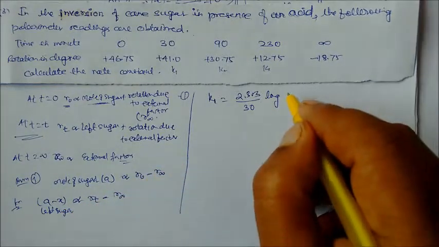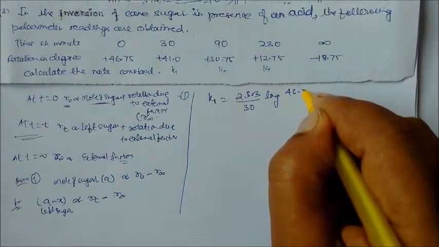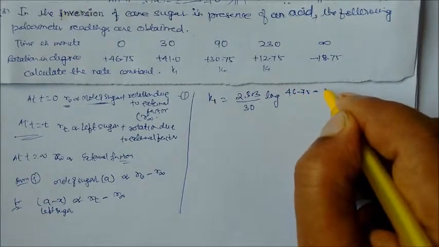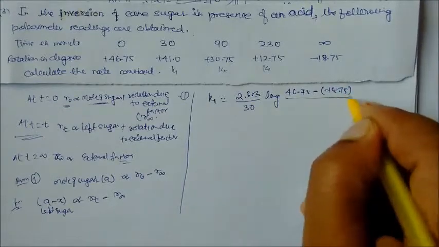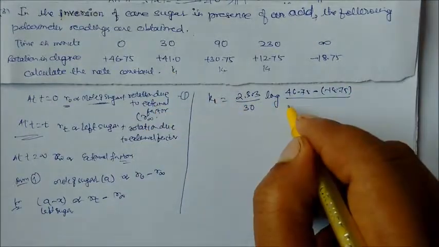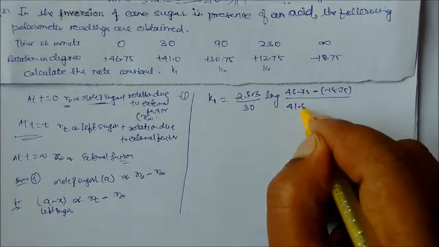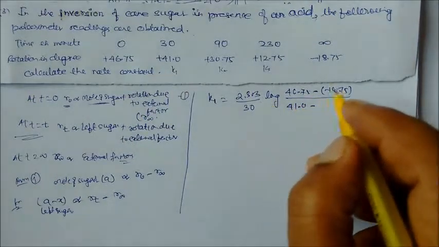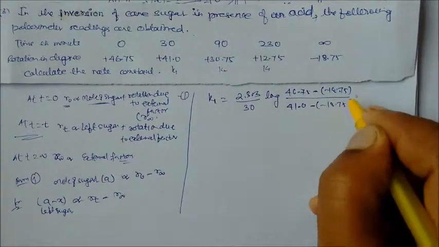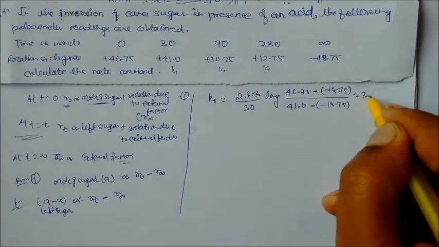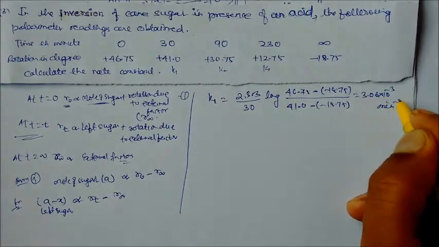A is R0 minus R infinity, so R0 is 46.75 minus 18.75, divided by 41.0 minus 18.75. If you solve it, we get the answer 3.06 into 10 to the power minus 3 per minute.